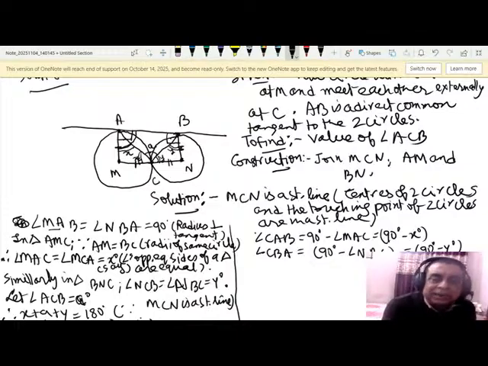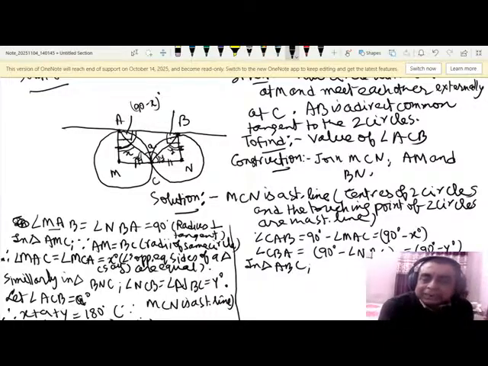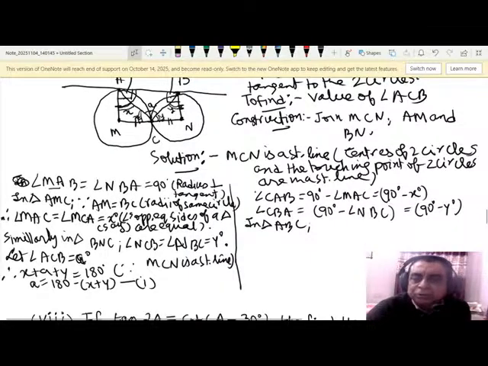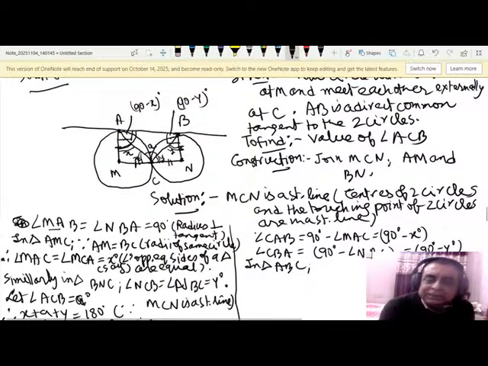Now in triangle ABC, what do we have? Angle CAB is 90 minus x degrees and angle CBA is 90 minus y degrees. The sum of the three angles of any triangle is 180 degrees.